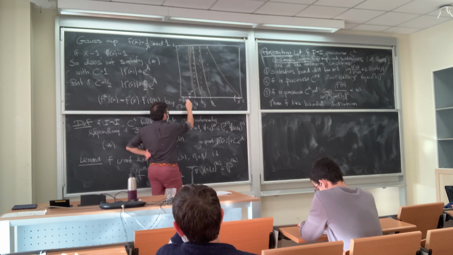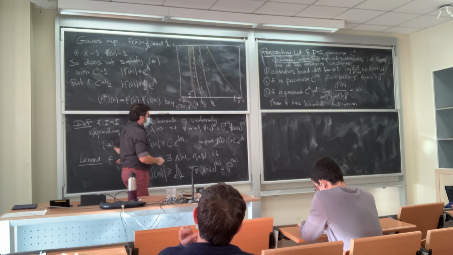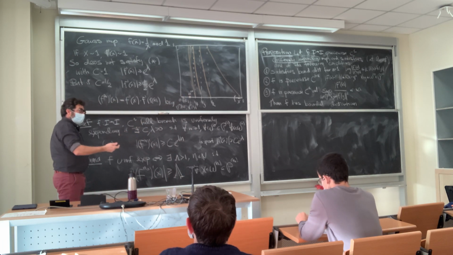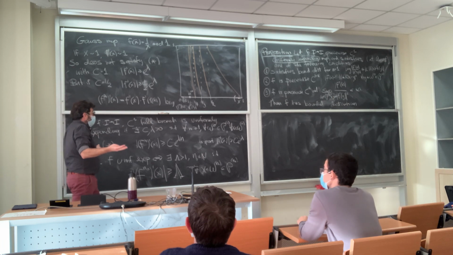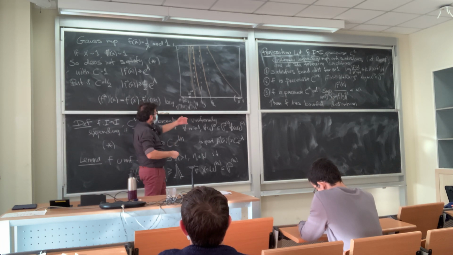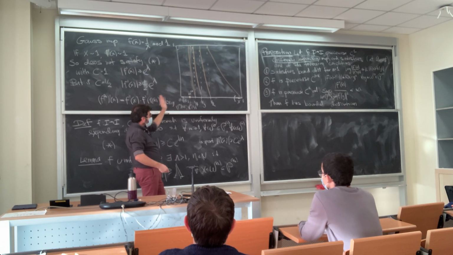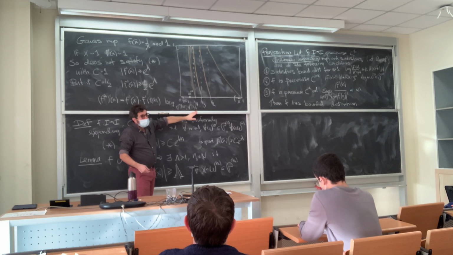And so, imagine that you take x and y close to the 2 endpoints, and you iterate, and then, who knows, maybe you're unlucky, and every time the derivative on the left is bigger than the derivative on the right.